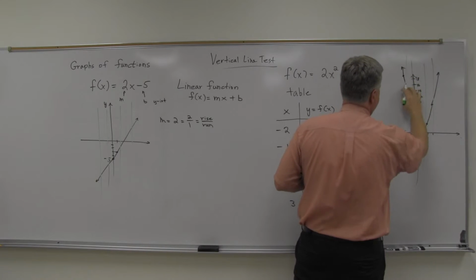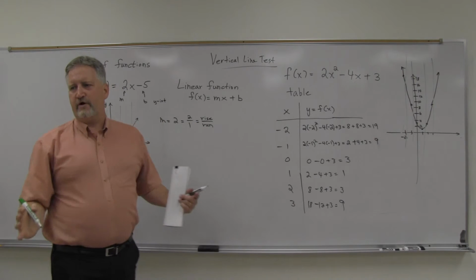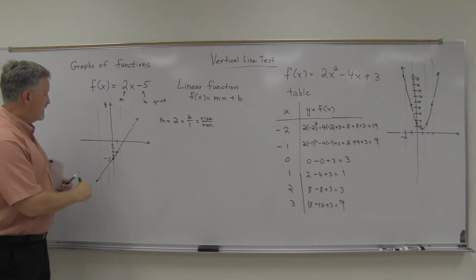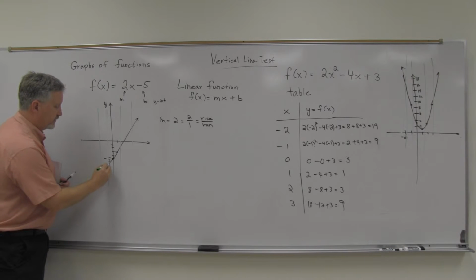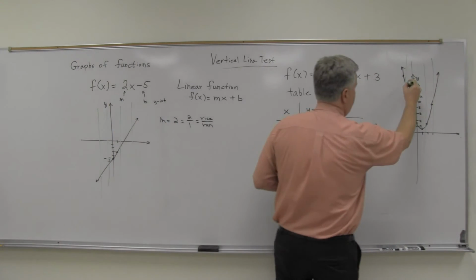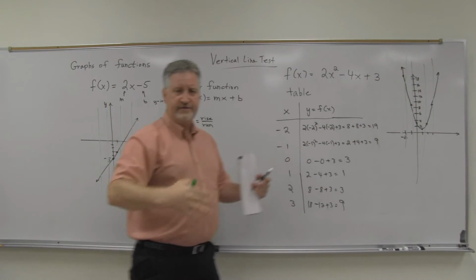Any vertical line we draw on these graphs, which we know are graphs of functions, will hit the graph in only one point. It intersects it in one point.